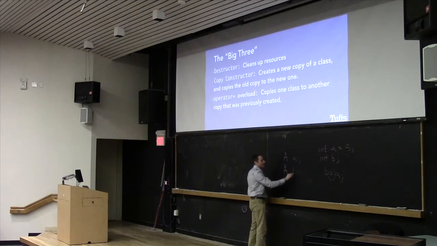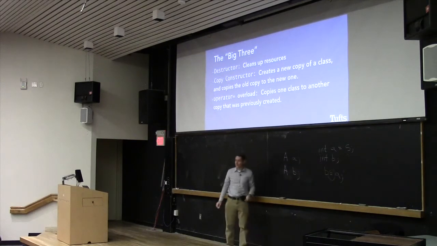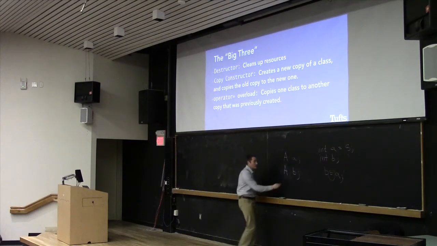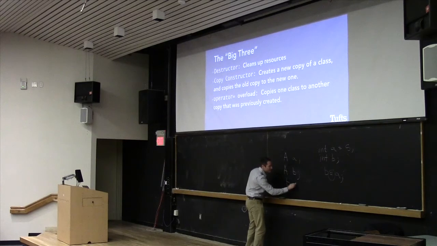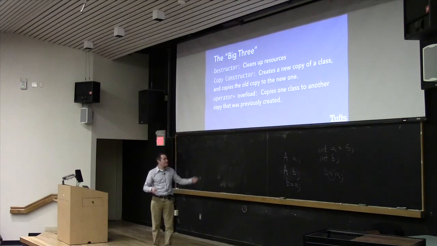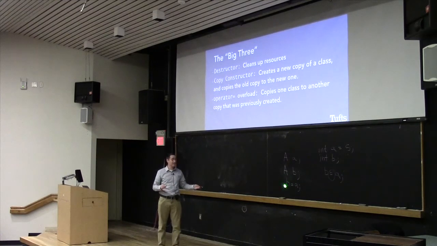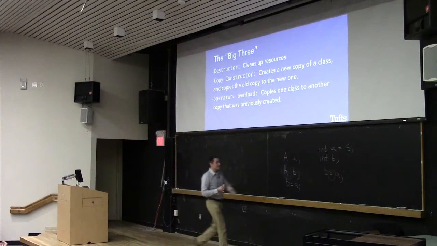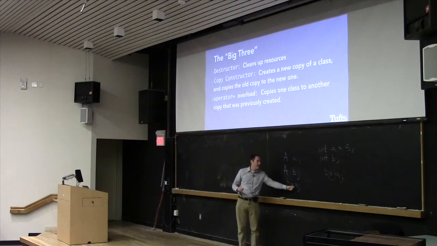And then you did another one, b. Somewhere down in your code, you want to say, oh, well, now b has got to equal a. You can actually type b equals a, and hopefully the same sort of thing will happen. It's very similar to the copy constructor, except that this already exists. OK, b already exists. You've already created it somewhere else, and you have to copy the stuff from a into b, and that will do it, right?